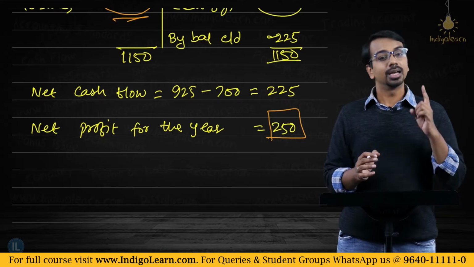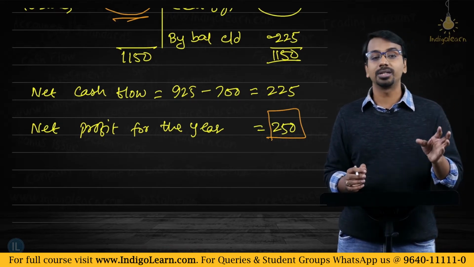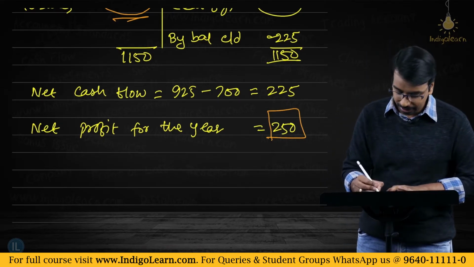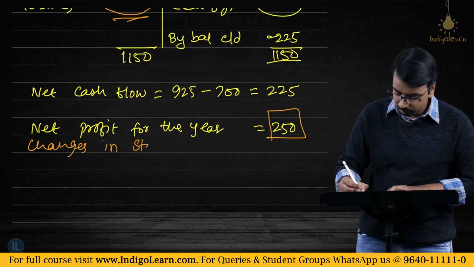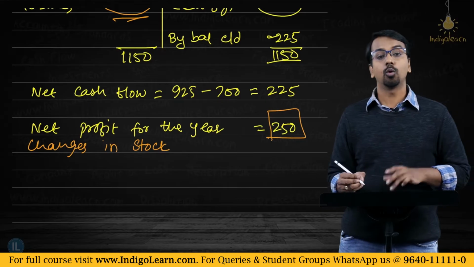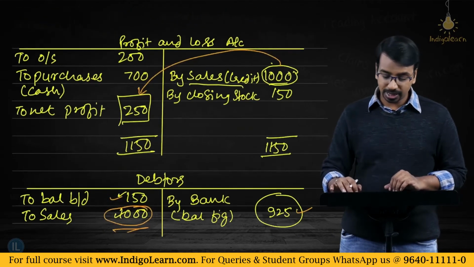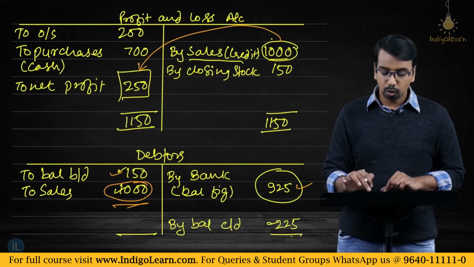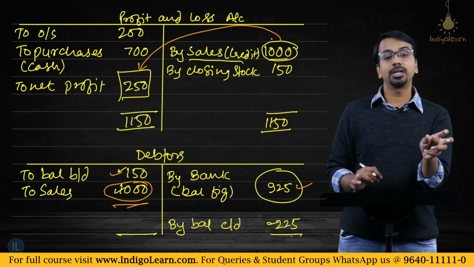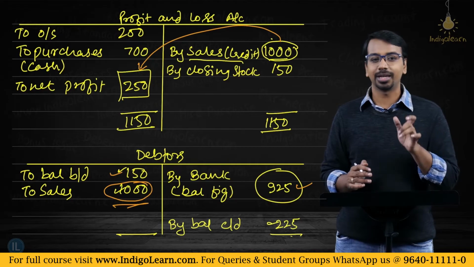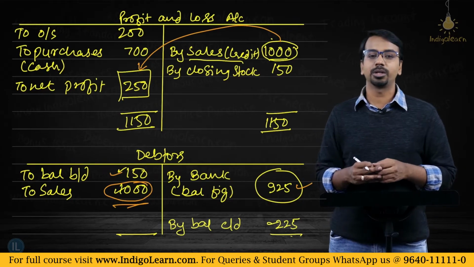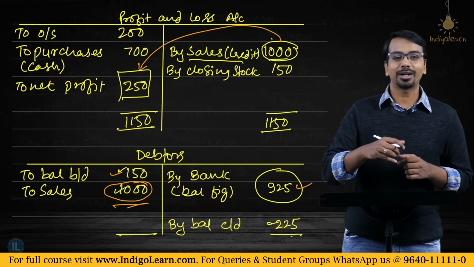What are those adjustments? The first adjustment is towards the opening stock and closing stock. So I'll write one adjustment for changes in stock, right? Opening stock and closing stock. How much is that? 200 to 150. Opening stock was 200, 150 is the closing stock, the change is 50. Now because of this reduction in opening stock or closing stock, what will be the impact on net profit?